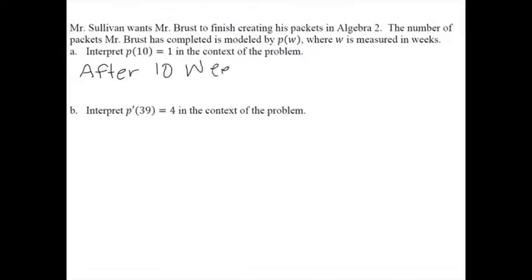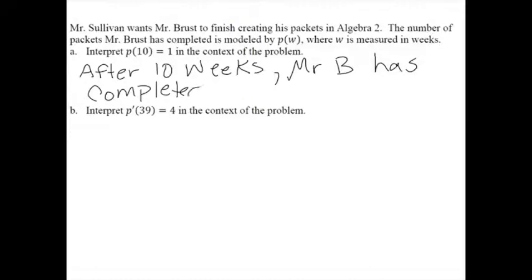Notice how I'm putting time at the beginning of the sentence. After 10 weeks, Mr. B has completed 1 packet. This has nothing to do with the rate because it's just a function.